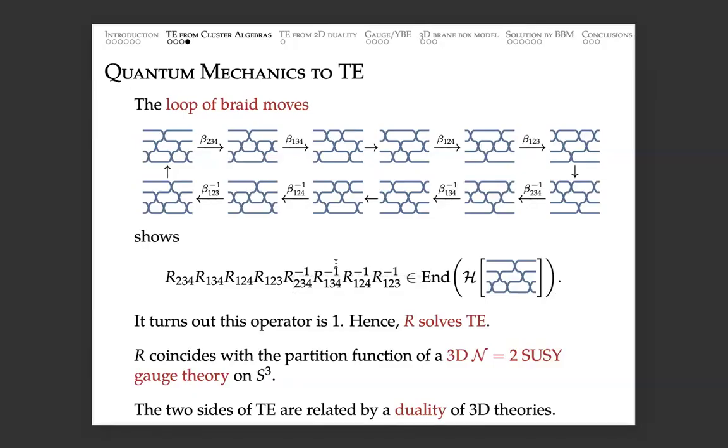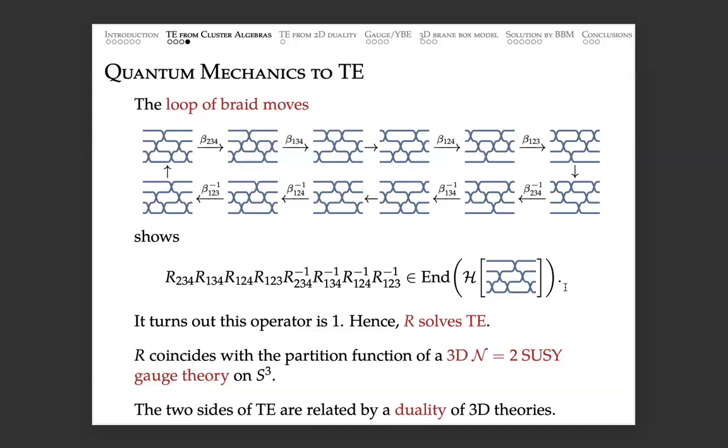So this product of 8 R's is equal to the identity operator acting on this Hilbert space. That's actually equivalent to the tetrahedron equation: you just move these R inverses to the right-hand side, and you exactly obtain the tetrahedron equation. In this way, you can construct the operator R which solves the tetrahedron equation. That's what I did in my first work with Xiaoyu Sun.